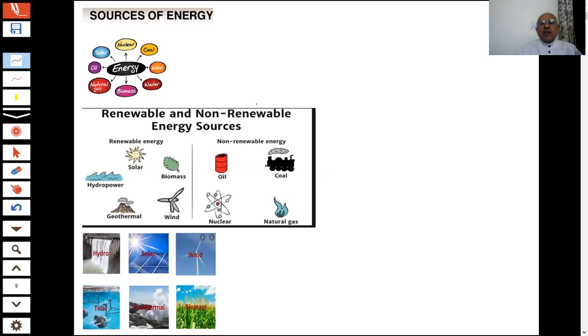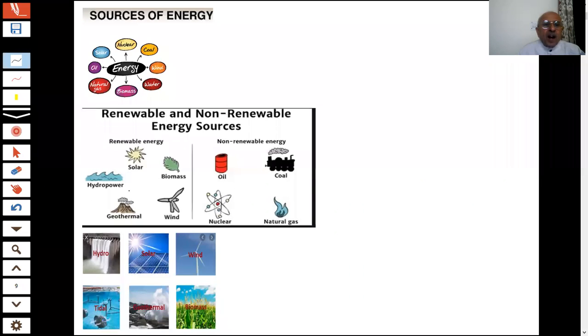Renewable and non-renewable energy resources, you know, which can be renewed, and which will be exhausted, non-renewable. Here, for example, solar energy is continuous. Biomass, the plants continue to grow. Student, wind energy, with wind you are able to rotate these windmills. You have seen windmills.